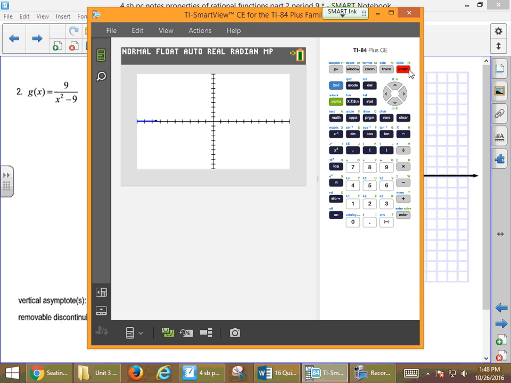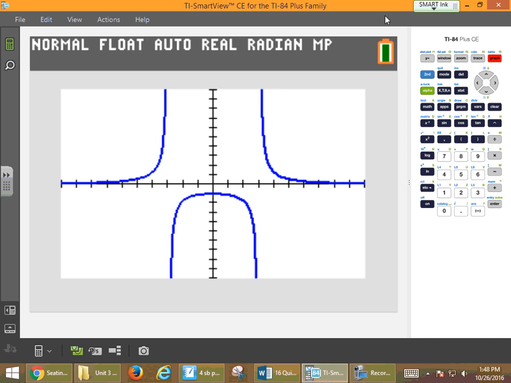We can look at the picture. Like I said, I'm not going to graph it just yet. But there's our picture. So we have some idea, at least, of what the function's going to look like.